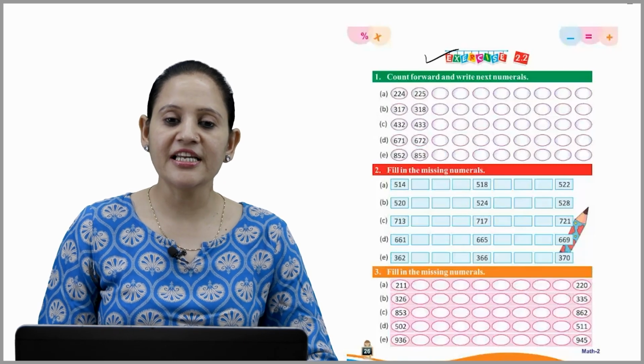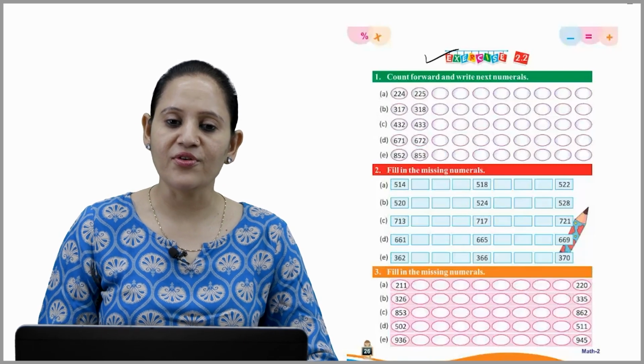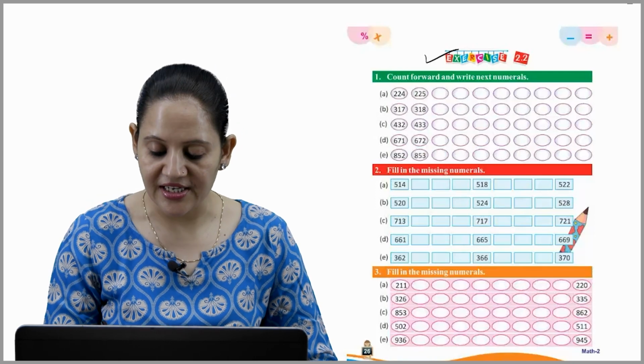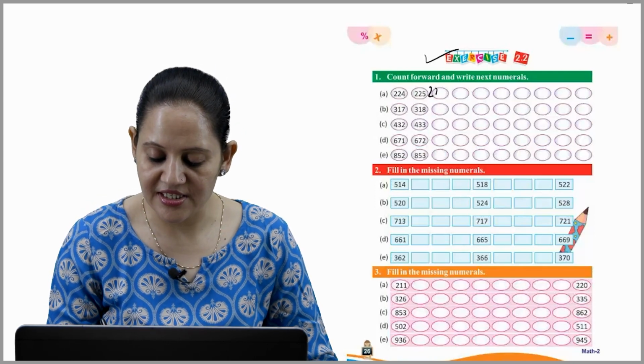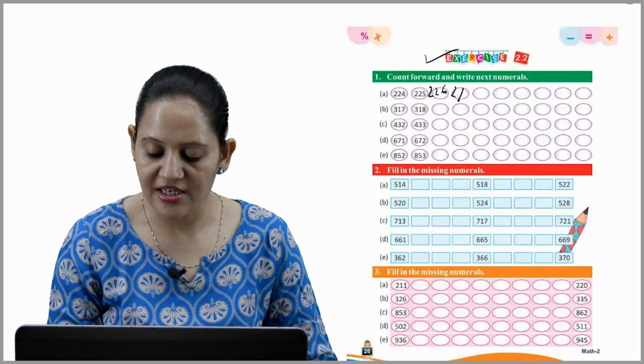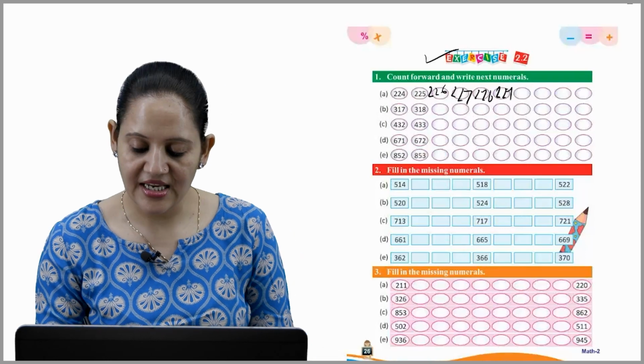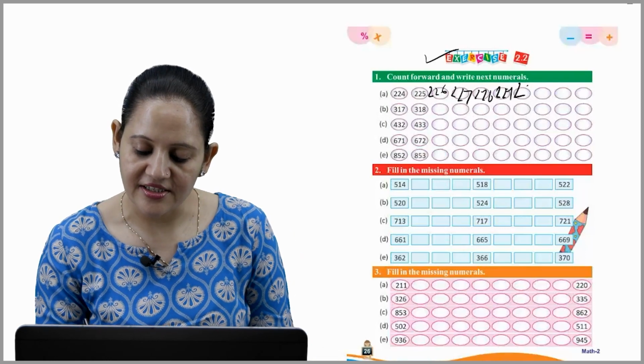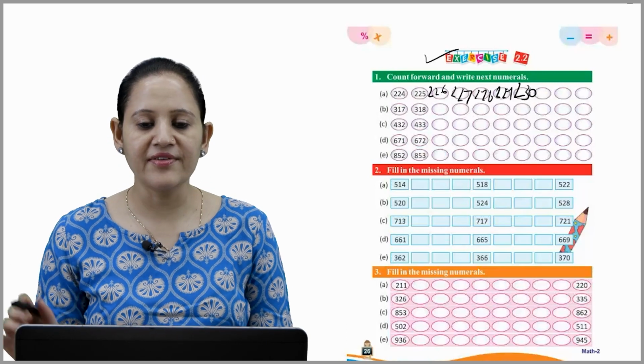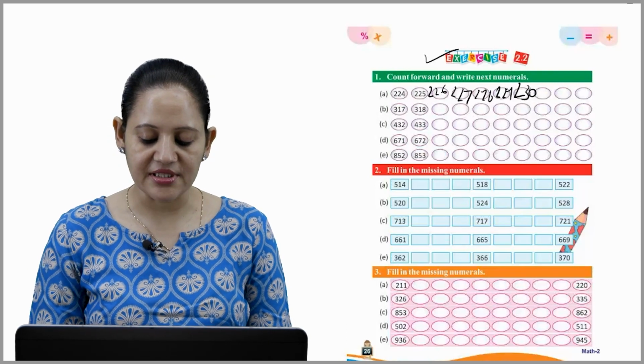Count forward and write the next number: 224, 225, then 226, 227, 228, 229. Next number is 230. Like this, we will keep writing the numbers. Clear?